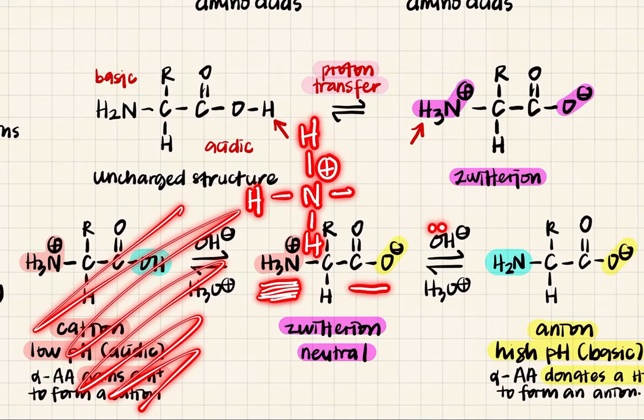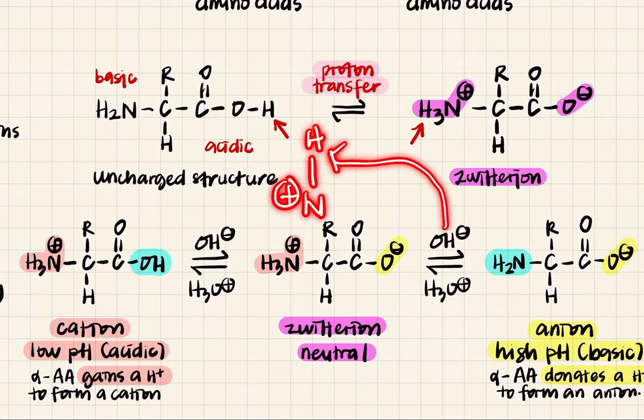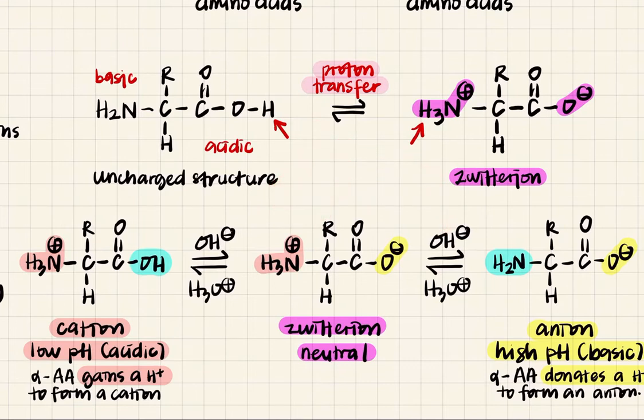So what happens is that the lone pair from this OH minus will attack the hydrogen from earlier, and then this bond, the electron will go here. So that's why you now have NH2. So at high pH or in basic solutions, you will form anions. Alright? Okay.